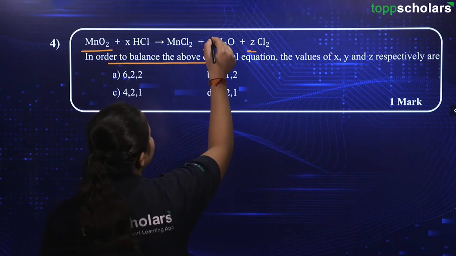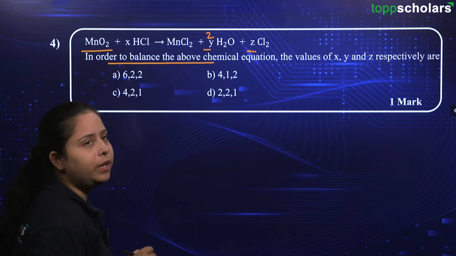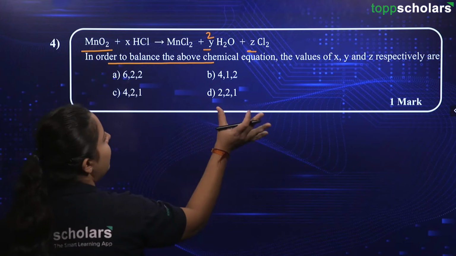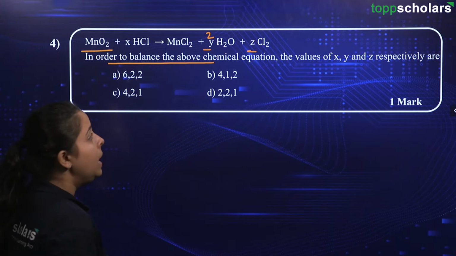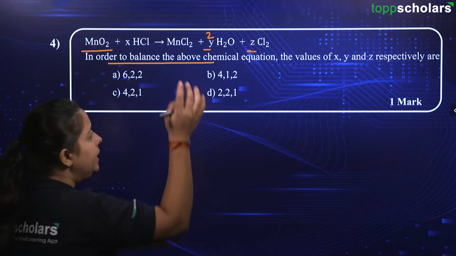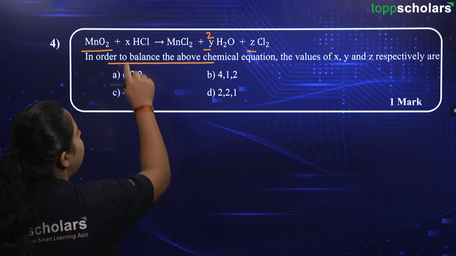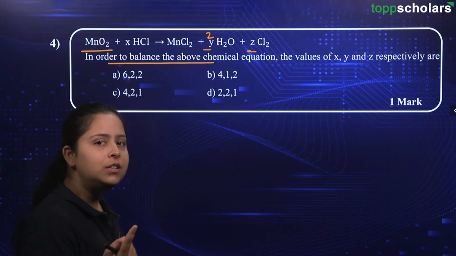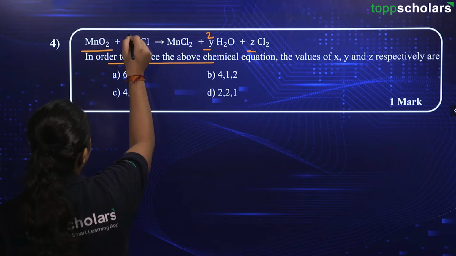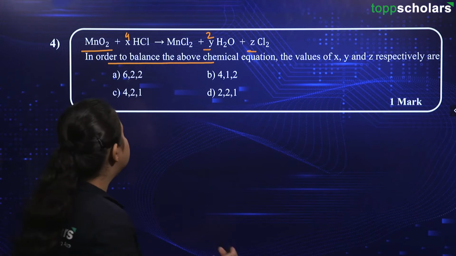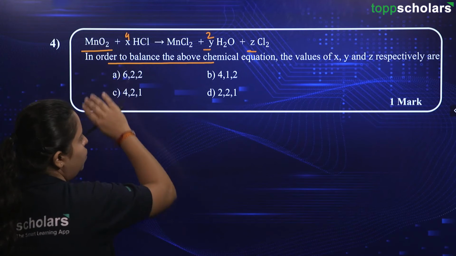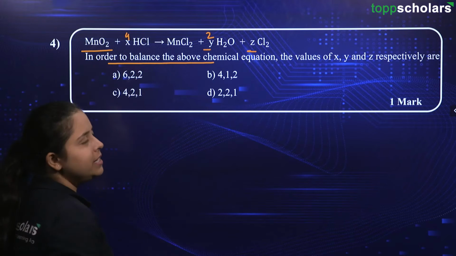So we might write 2 over here. Now this equation is balanced in terms of oxygen. But what about hydrogen? Here we have 4 hydrogen and over here we have only 1 hydrogen. So we might add 4 over here. So now Mn is balanced, O is balanced and hydrogen is balanced.